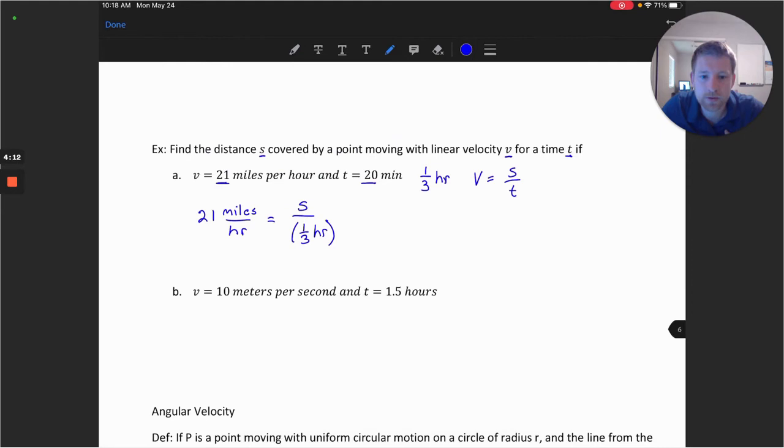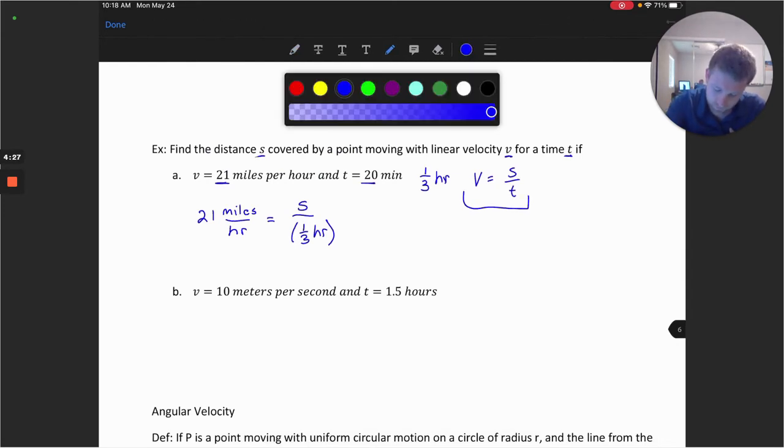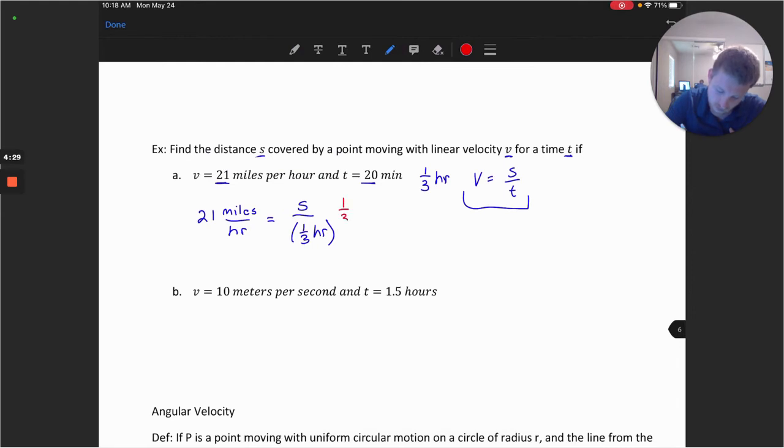as my time. And so I'm really, again, filling in my equation v equals s over t. So to solve for s here, we can multiply by 1/3 on both sides. And so the 1/3 will cancel out, my hours will cancel out. And here we're just going to be left with units of miles.